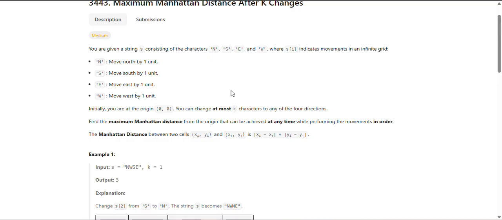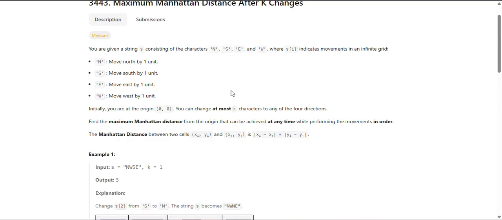So once you get the Manhattan distance, you can check what the maximum Manhattan distance can be. That is equal to the number of steps you have encountered minus your current Manhattan distance. So that would be the maximum you can obtain.